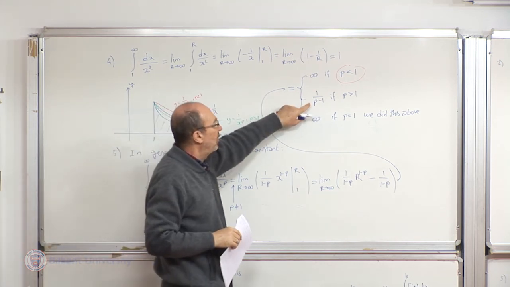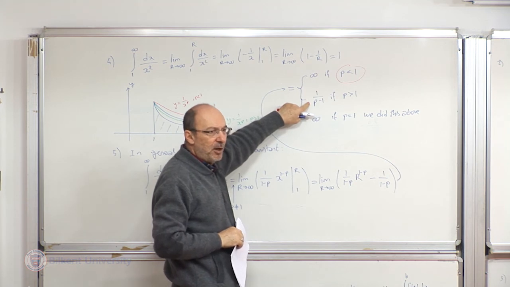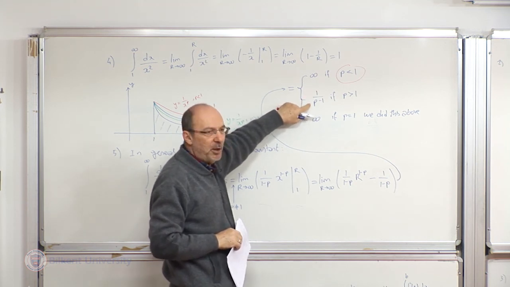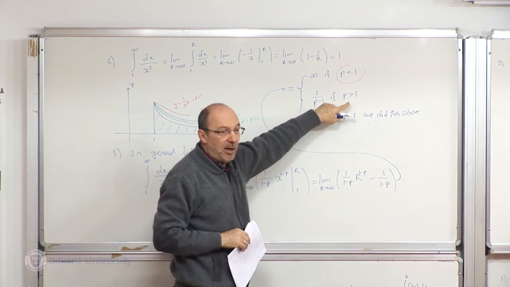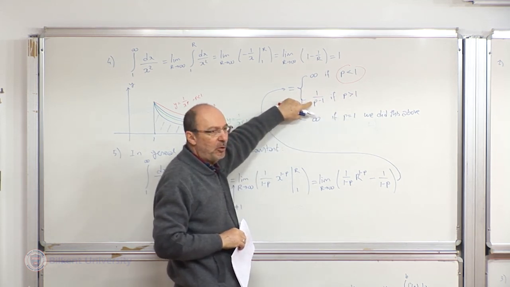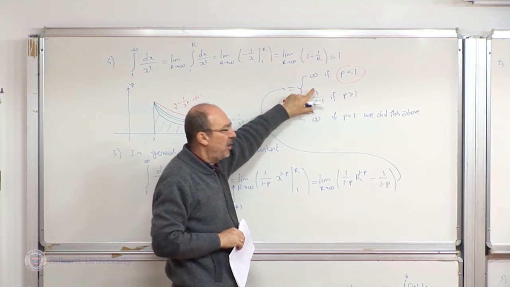That we can find here. You see the area is precisely equal to 1 over p minus 1 when p is larger than 1. If p becomes smaller and goes to 1, this area increases.